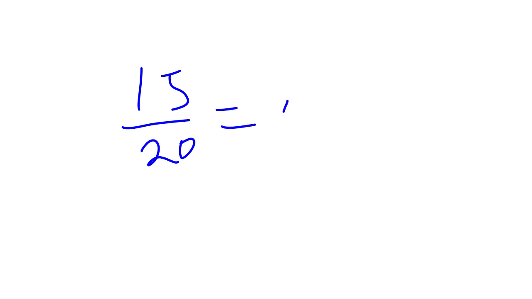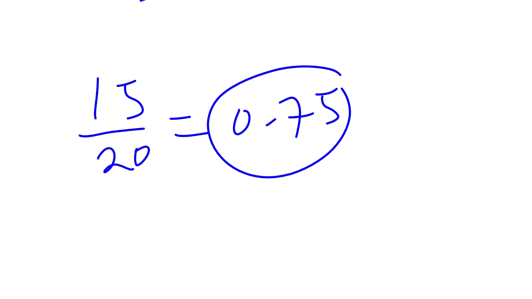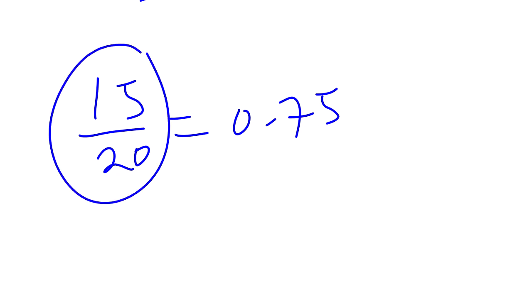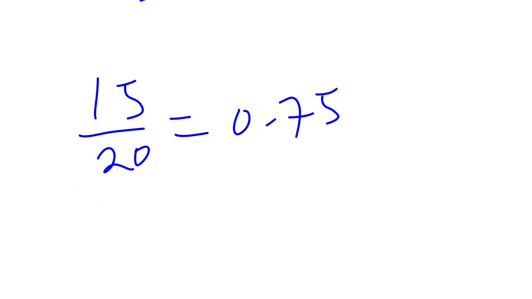And again, I want you to understand that saying 15 over 20 is just a normal fraction, the normal fraction that we have done in our previous lesson. 15 over 20 is just 0.75. That 0.75 is in decimal form, while this is in fraction form.